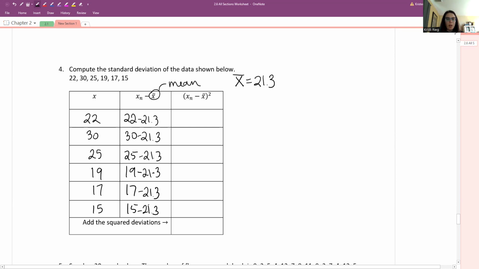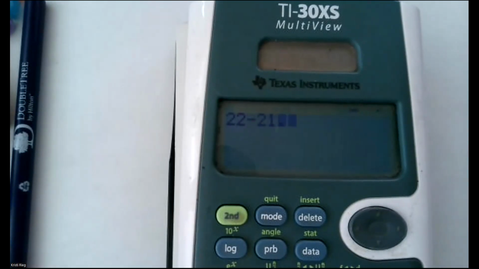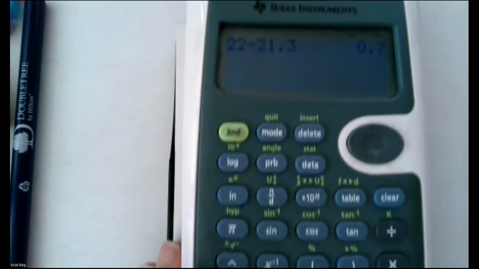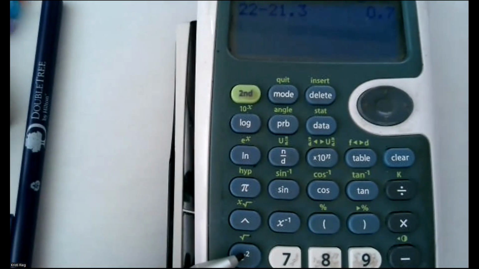And once you get the subtraction, then you're just going to square it. So what I'm going to do here is put in my 22 minus 21.3, which is 0.7. And then I'm just going to square it since I'm right here. If you haven't squared before, it has its own button right here next to the 7.